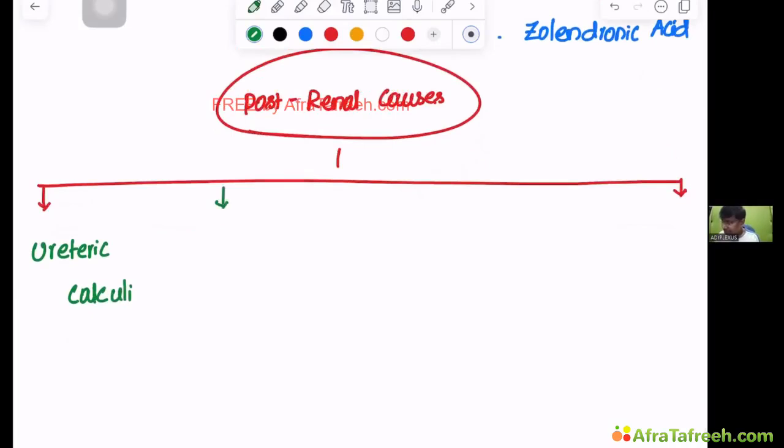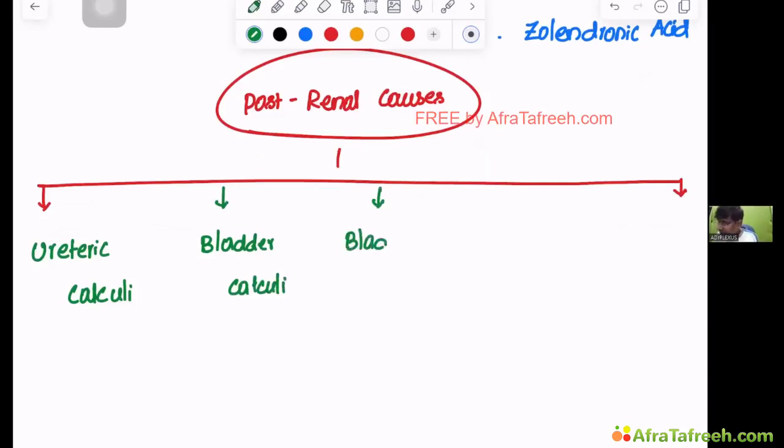then bladder calculi, then bladder malignancies or bladder carcinoma. What is a parasitic infection where you can have bladder carcinoma?